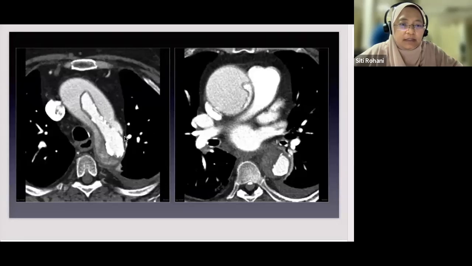On X-ray it should be at the line of the aortic arch, but in this case it's inside the shadow of the vessel. So it is caused by aortic dissection. This is a Stanford type A thoracic aortic dissection, involving the ascending aorta, aortic arch, and also the descending thoracic aorta.